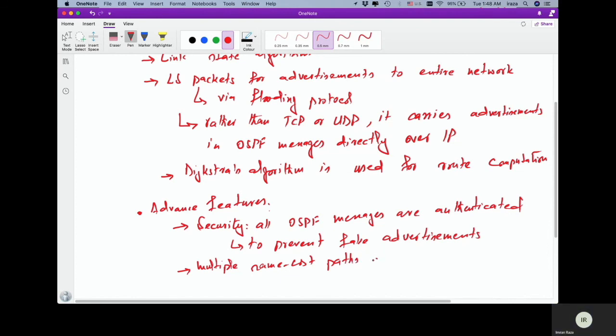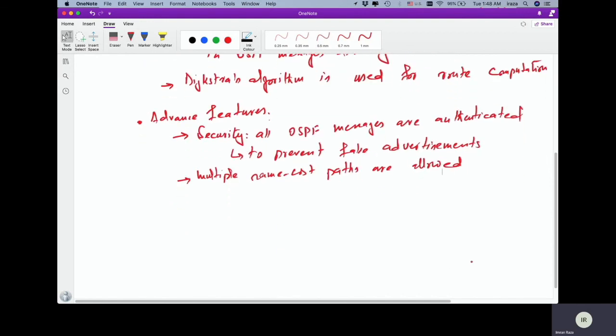So more than one path having the same cost is allowed in OSPF. By the way, this is not true in RIP. In RIP, we have only one path, right? So only one path in RIP, routing information protocol, right?